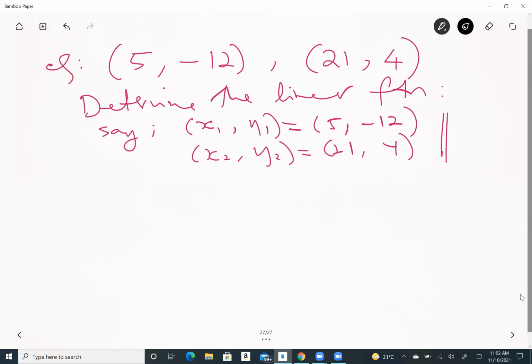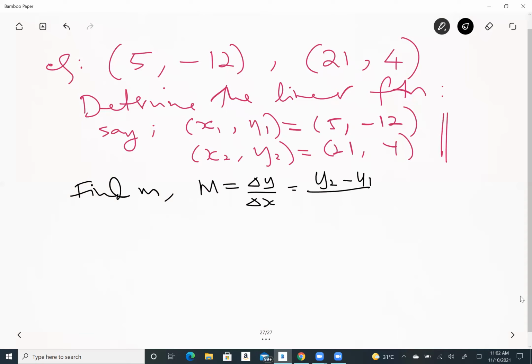So you have the x1, y1, x2, y2. First, you want to find M. Now, what is M? M is equal to delta y over delta x. That is the difference between y2 minus y1, over x2 minus x1.